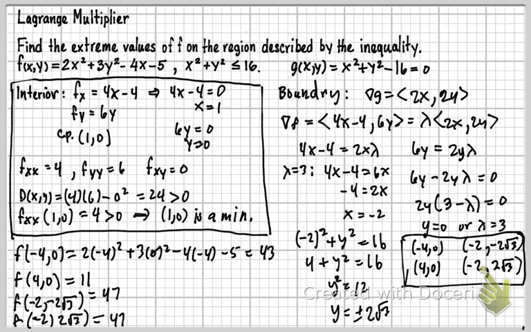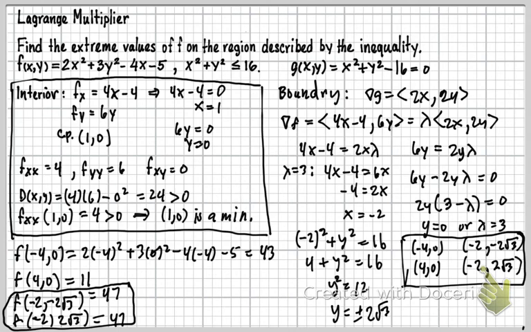So now remember, everything we did was for the boundary so far. So what that means here is the largest values I see for the boundaries are going to be 47, and that's for the negative 2 square root of 3 numbers, or point, and then the negative 2 square root of 3 point as well. Those are the largest, and the smallest appears to be 40, and that would be a minimum on the boundary.